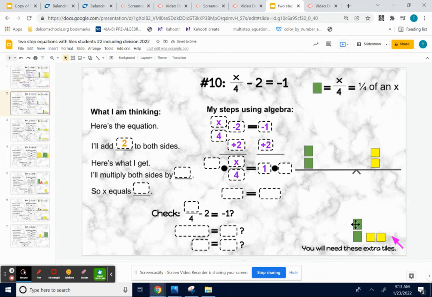The third fourth of an x, if it would have been there, would also equal 1. And the top fourth of the x. Remember, there'd have to be 4 of them to make up a whole x. That would also equal 1. So on the left side, we have a full x now.